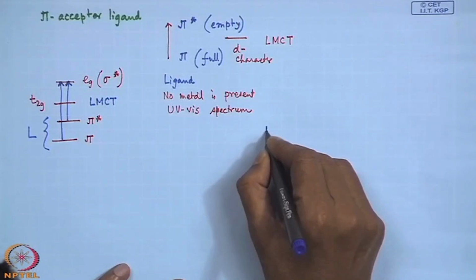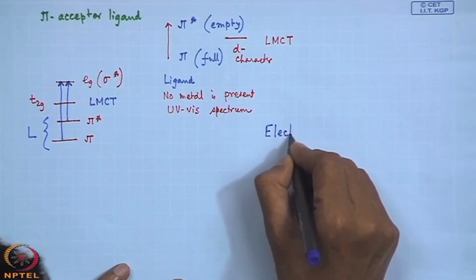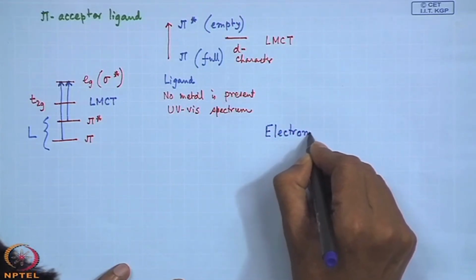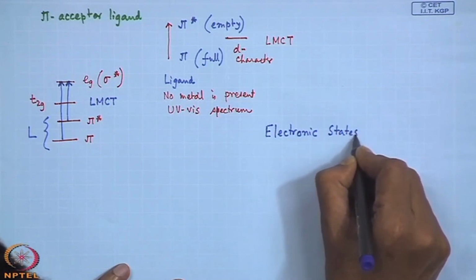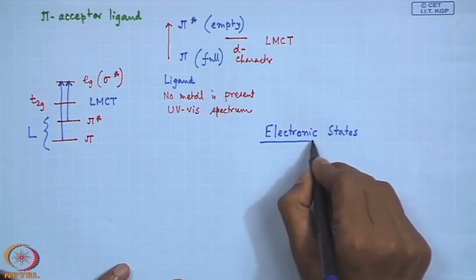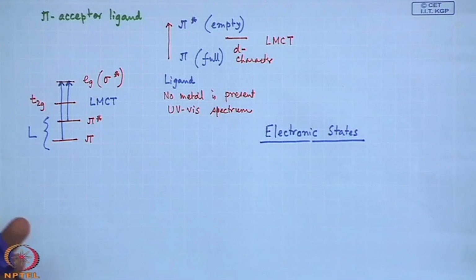So, we will now go to the different term symbols for these different electronic states. We can have several electronic states, and these electronic states are responsible for these transitions.